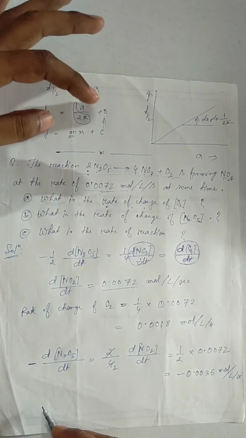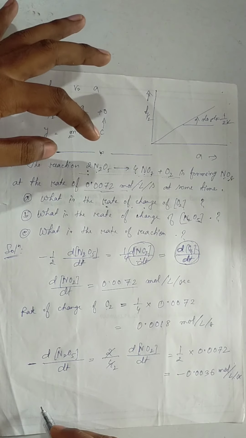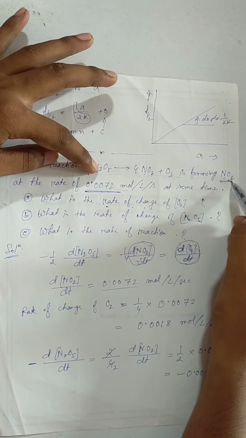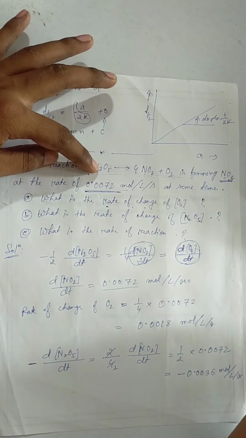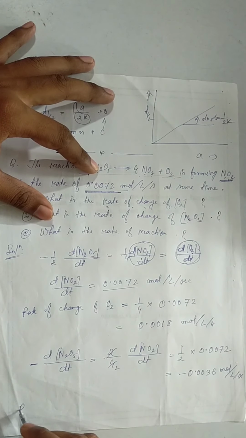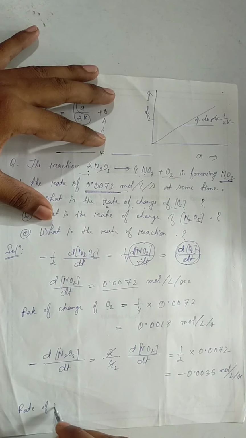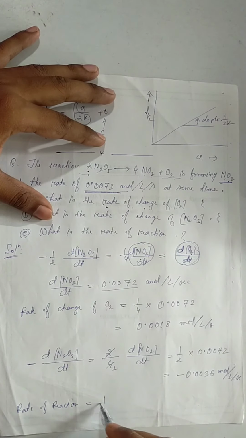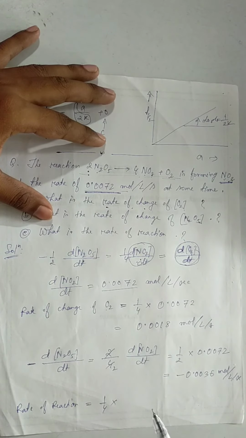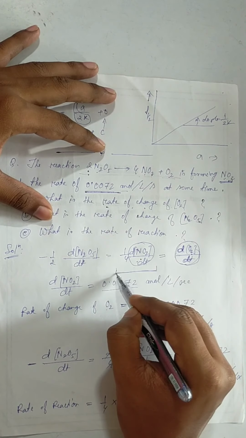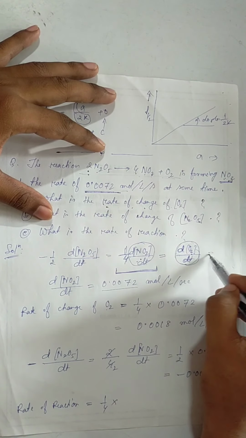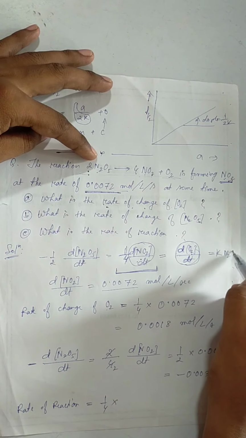As this is given, the rate of formation of NO2, the rate of the reaction will be 1 by 4 of this.